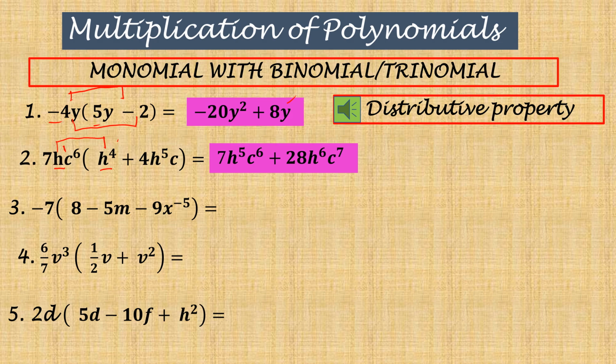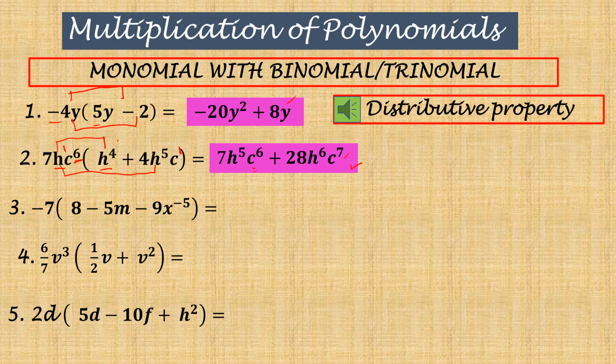And then you just copy the c to the 6, and then plus the 78c to the 6 times 4h to the power of 5 will give you 288 to the 6, and c to the 7. Why c to the 7? Because we have a 6 in here and we have an imaginary 1 as our exponent. So this is the final answer in number 2.